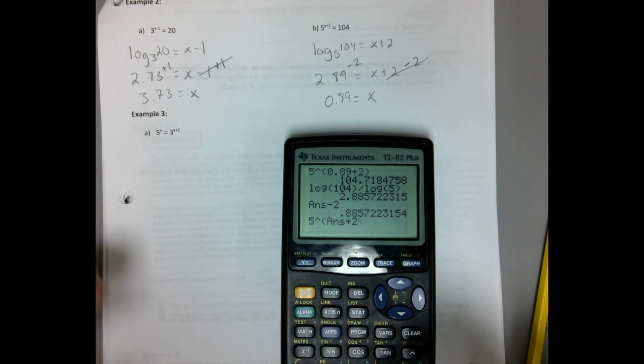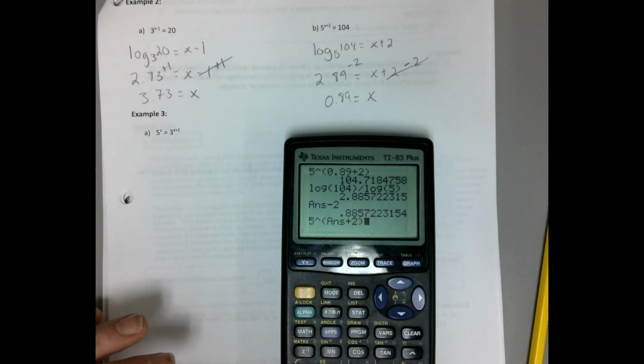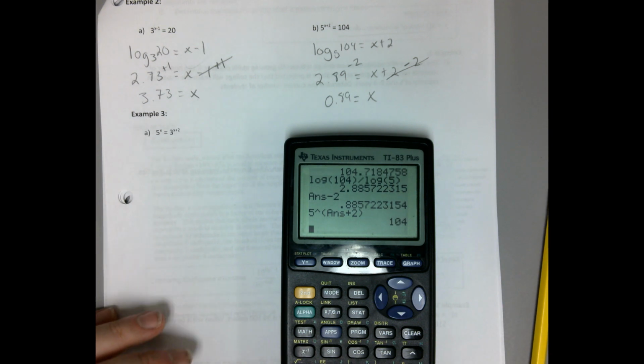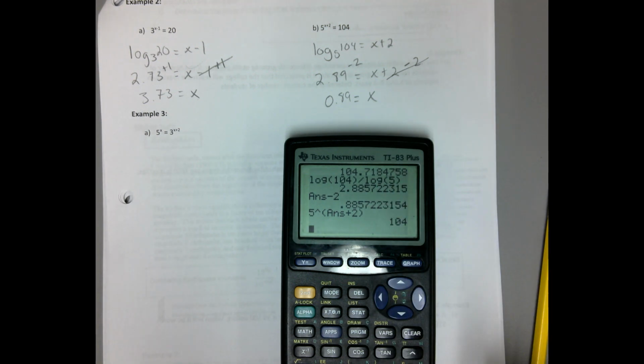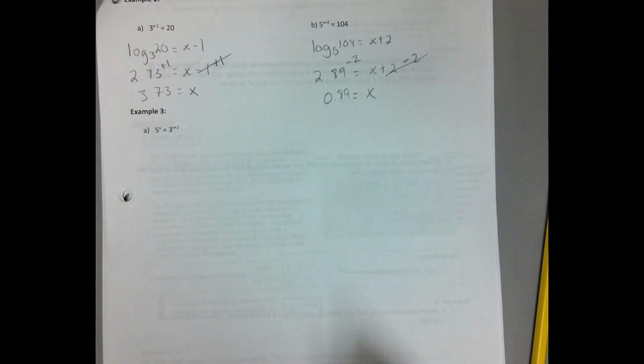I guess I didn't need to subtract 2 because it's taking our full answer from here. We're going to hit enter, and I get 104. The only reason why we get 104 exactly in the last one is because of our rounding. And we usually expect you to round your answer too.